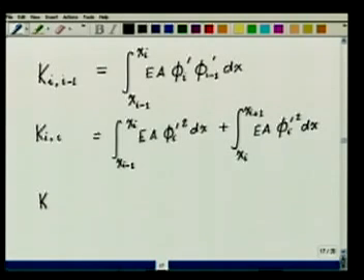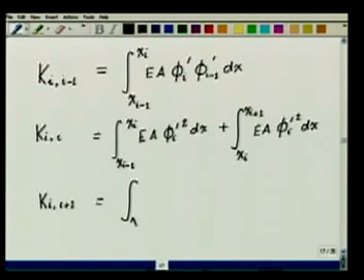Similarly, k I, I plus 1 is equal to an integral. If you see here, for j equal to I plus 1, phi I plus 1 is 0 in the element I minus 1. So that part is not going to contribute to this integral, even though phi I is not 0, because the product is 0.